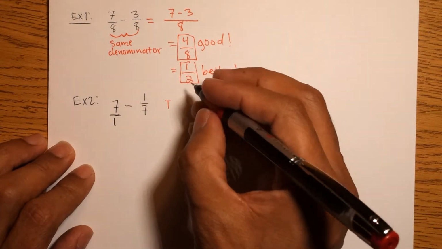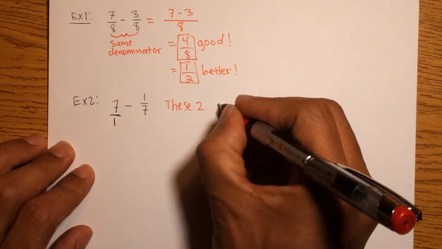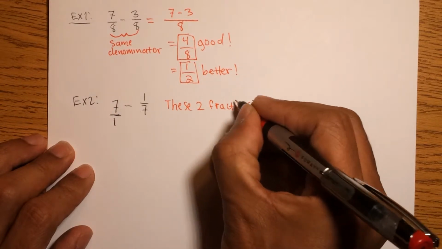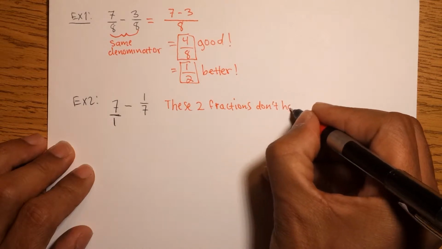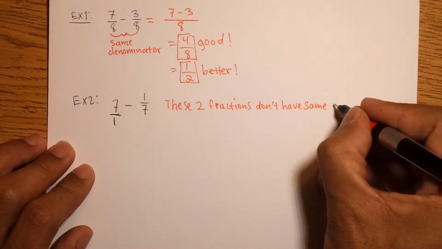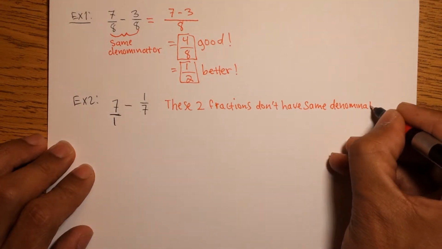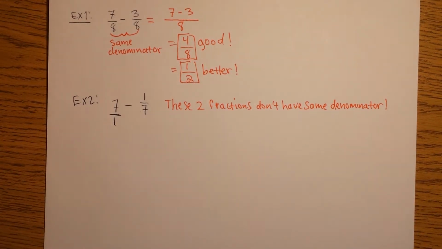So let me just write down these two fractions. They don't have the same denominator. Okay, well, what are we doing in this case?